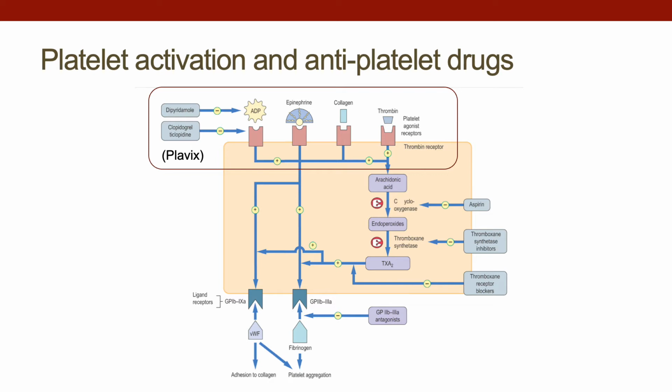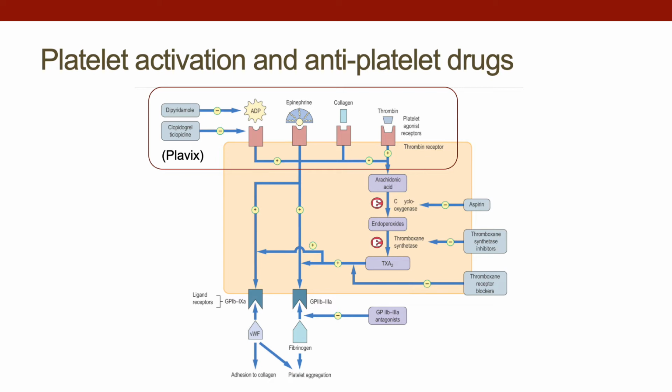Here's an example of extracellular signaling with a nucleotide, the adenosine diphosphate. It's activating a 7-transmembrane G protein coupled receptor, and you can see there are a number of drugs that interfere with this receptor, including clopidogrel, which is also known by the brand name Plavix. So that blocks the ADP receptor, and that's why it's an anticoagulant.